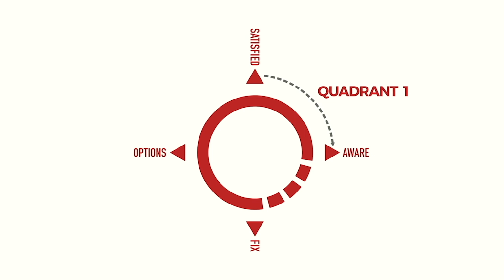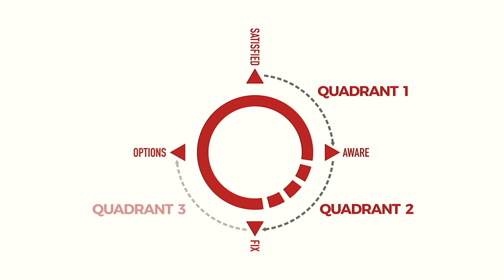Do I have a problem that I don't know about? Now let's keep going. Let's move from the 3 o'clock position to the 6 o'clock position. We're going to call this one, you got it, quadrant 2. And in quadrant 2, the question is, what's the cost, the consequence, or the risk if I stay status quo? What's the impact if I don't do anything? In other words, the buyer is asking, why should I be changing now?